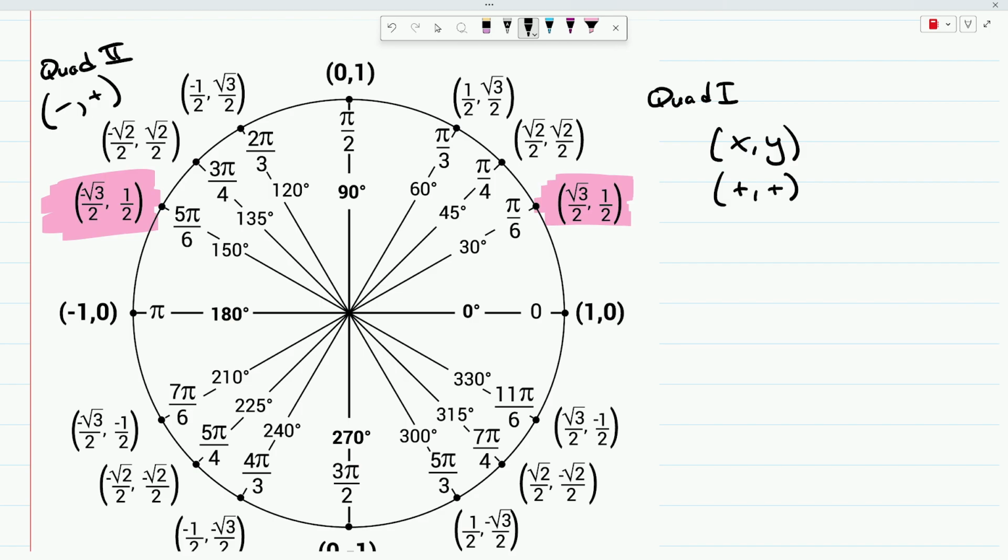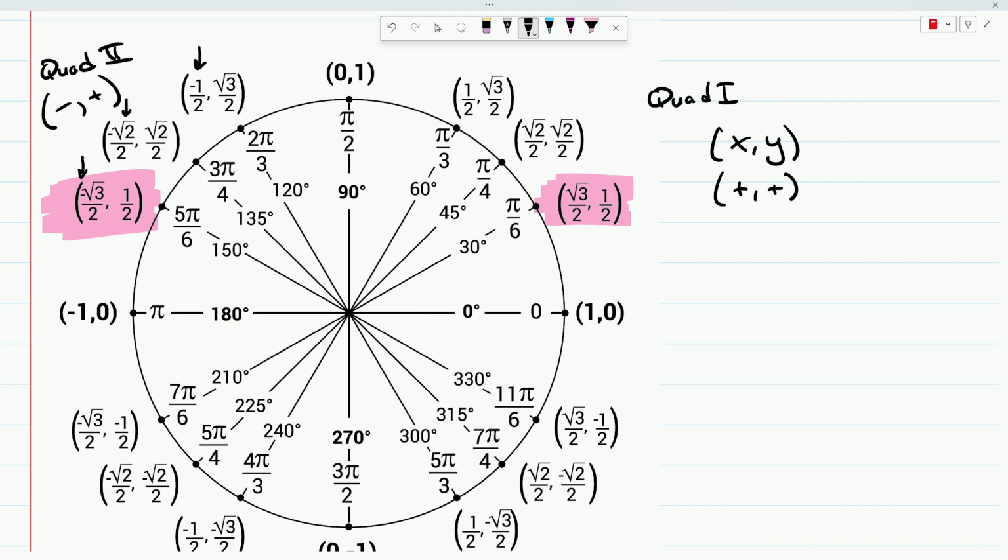Well, in this case, in quadrant 2, all of your cosine values are negative, and all of your sine values are going to be positive. So you can see here, negative 1/2, negative root 2 over 2, and then negative root 3 over 2. Notice they're all negative, but they're all cosine values.